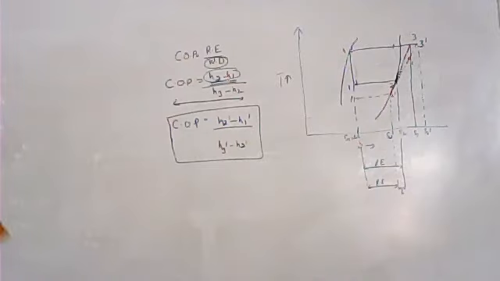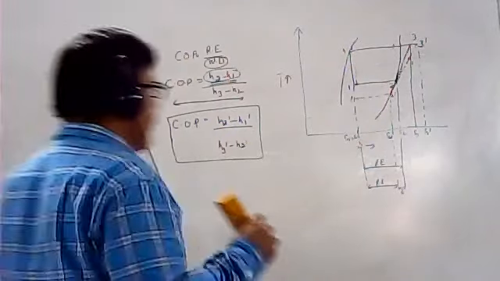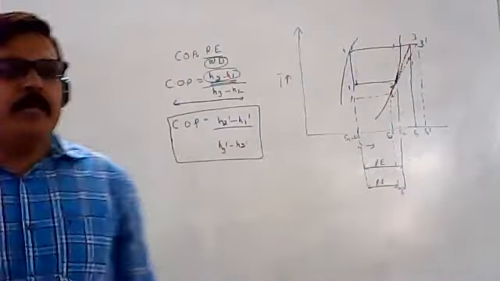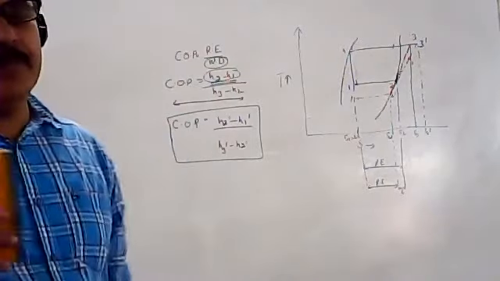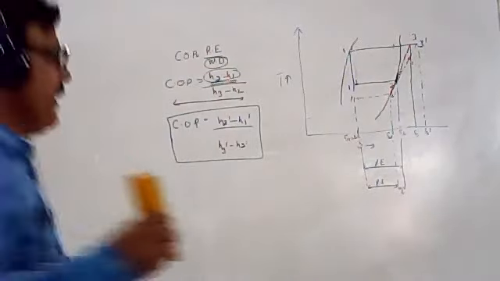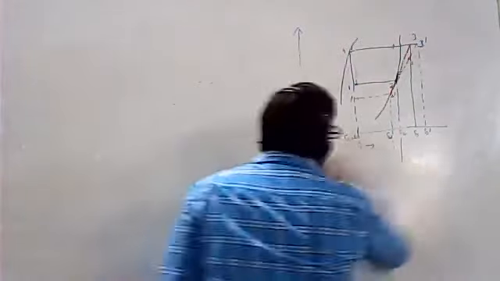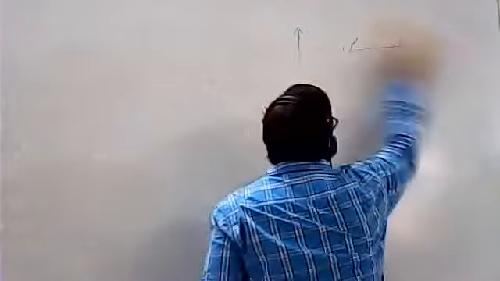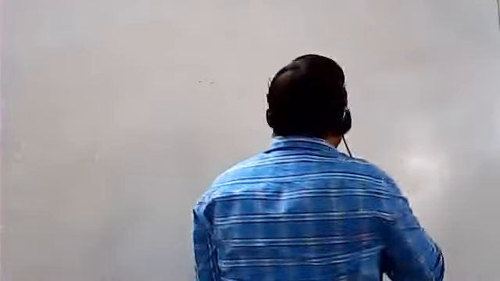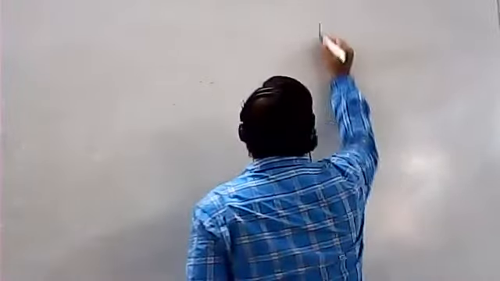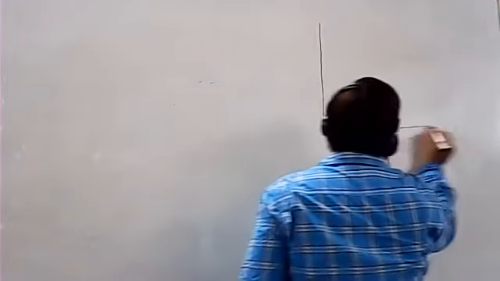Now next, I am going to draw the TS diagram. What will be the effect of discharge pressure? What if I increase the discharge pressure? So everybody draw this diagram for discharge pressure.